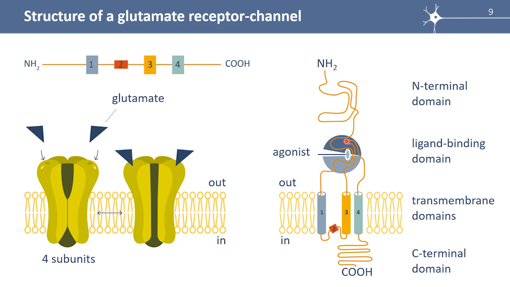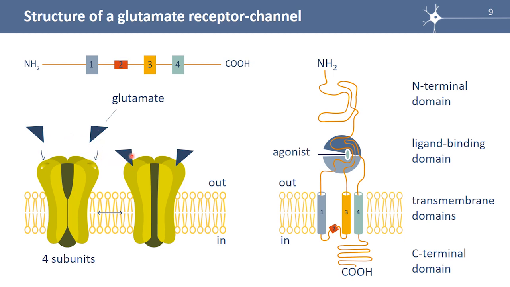We need 4 subunits like this to make up a glutamate receptor channel that you can see here in its closed state. So the pore is closed, and you see the 1, 2, 3, 4 subunits, and there are 2 receptor sites for glutamate.